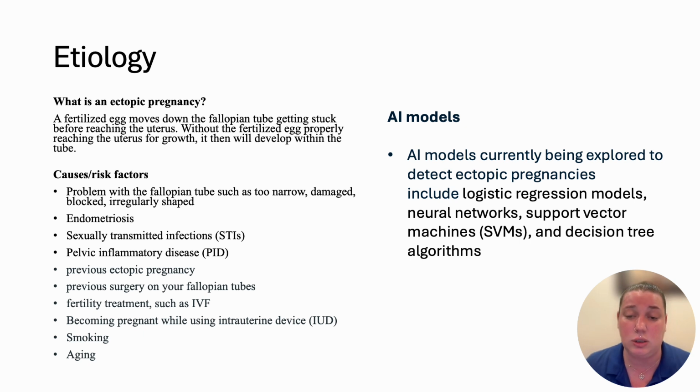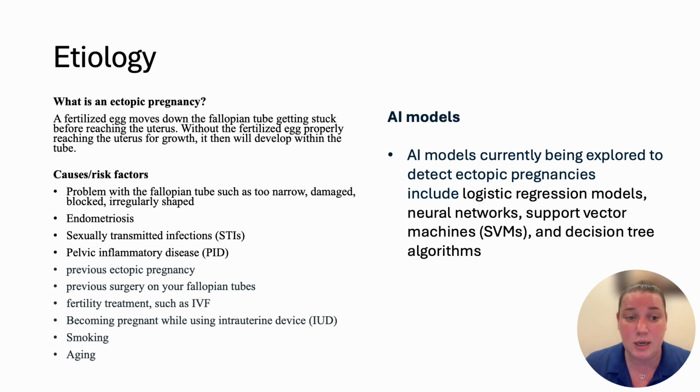And what it does is it causes inflammation. The body then tries to fight this off, and there's then scarring around the infection. The scarring can then block out the fertilized egg as well.